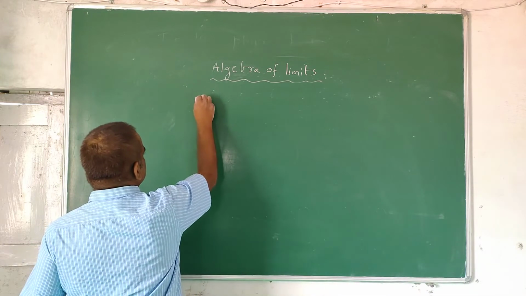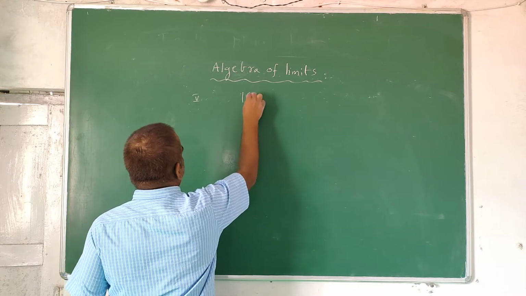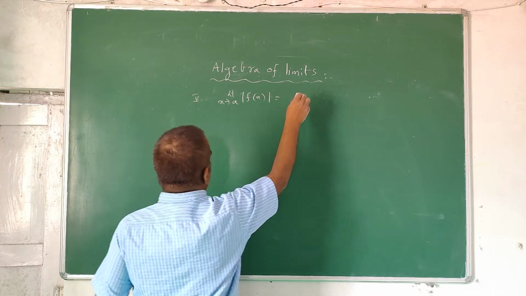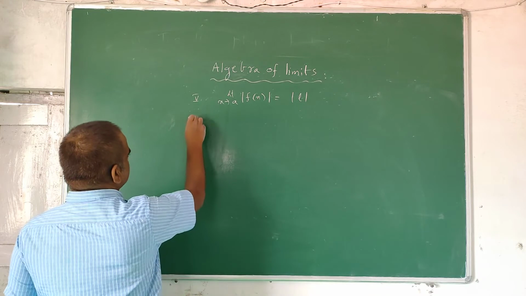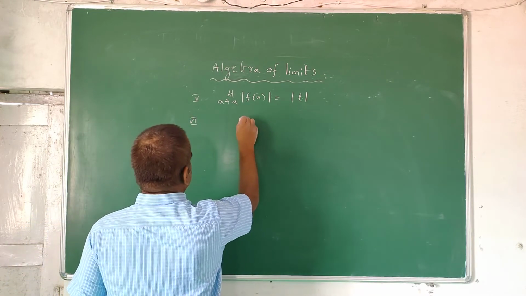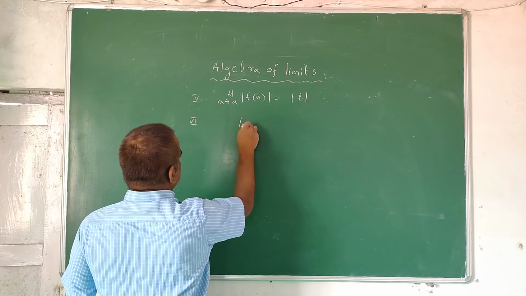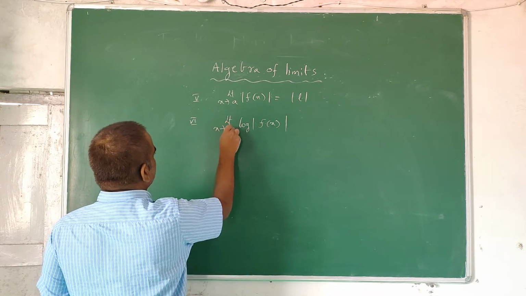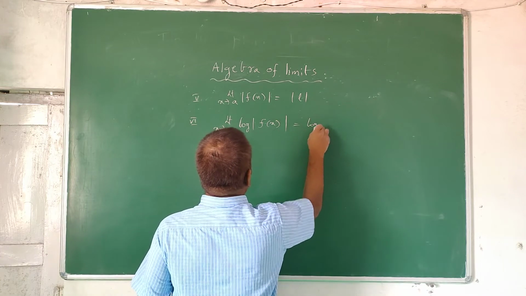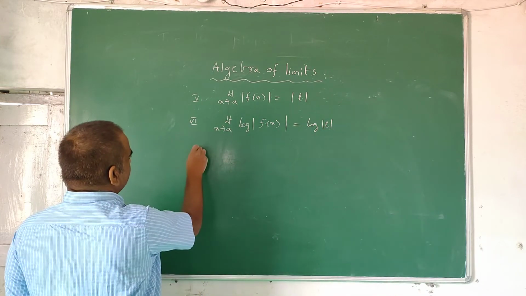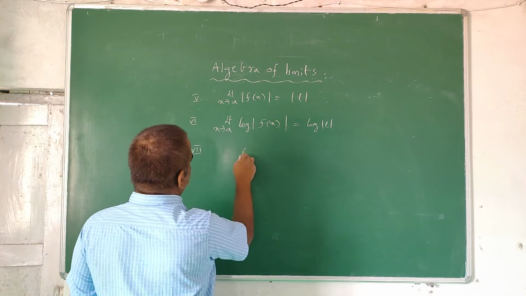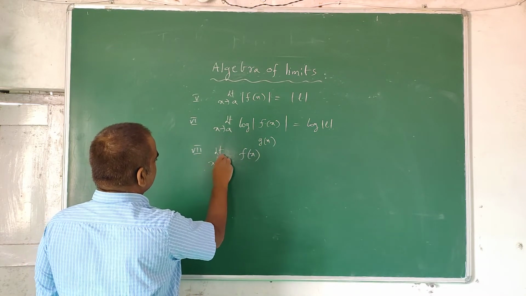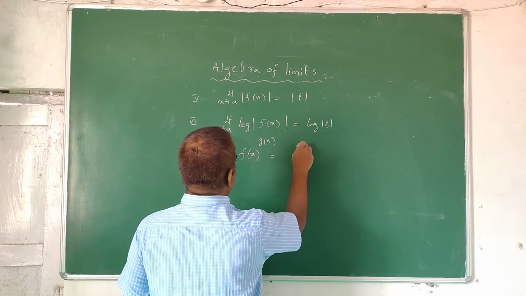Now the fifth one: the limit as x tends to a of mod f of x is equal to mod L. Sixth one: the limit as x tends to a of log modulus f of x is equal to log of modulus L. Seventh: the limit as x tends to a of f of x whole power g of x is equal to L power m.